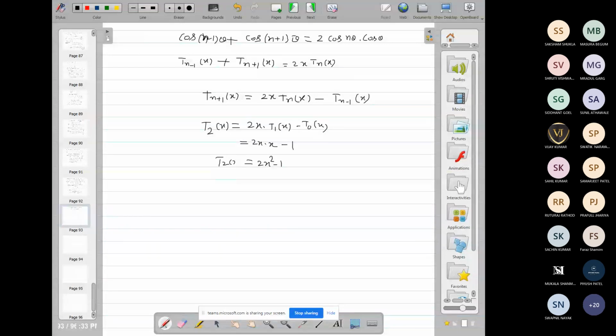The T2(x) is 2x square minus 1. In a similar way, we can calculate T3(x), which is 4x cube, by putting n equal to 2 in this relation. Suppose this is equation 2.